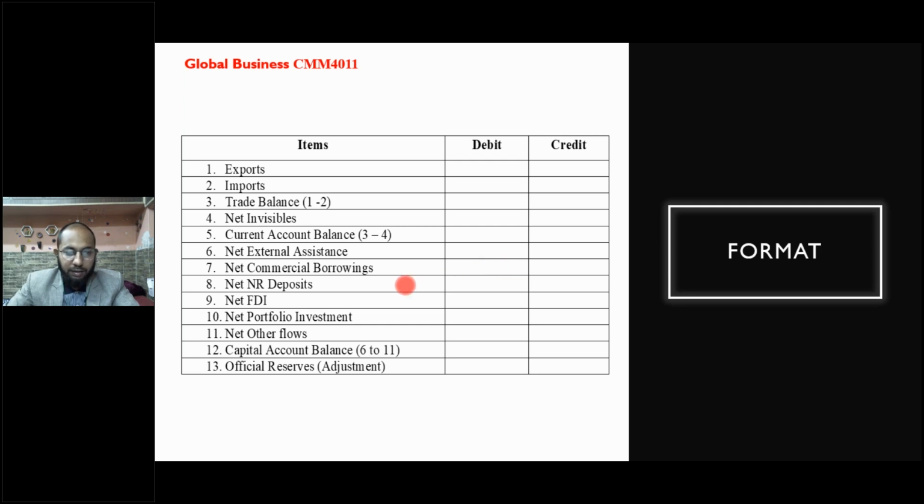Then net NR deposit, non-resident deposit in the form of remittances which the country is receiving, that is net factor income from abroad, also known as net factor income from abroad under national income accounting. We are receiving remittances, and people in our country who belong to other countries are also transferring remittances to their home countries. So both things will be mentioned here.